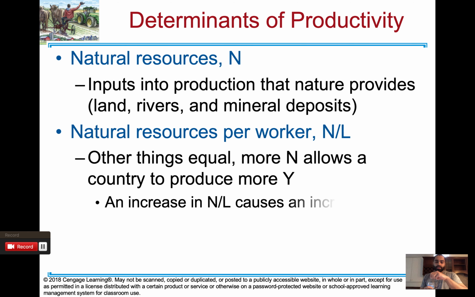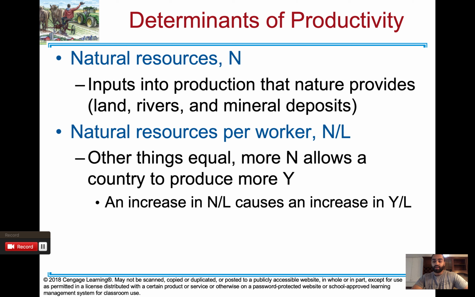Natural resources. All right, natural resources are inputs into production that nature provides, so land, rivers, mineral deposits. The more natural resources available per worker is also going to increase your output per worker. Let's say you're a country that produces lumber.